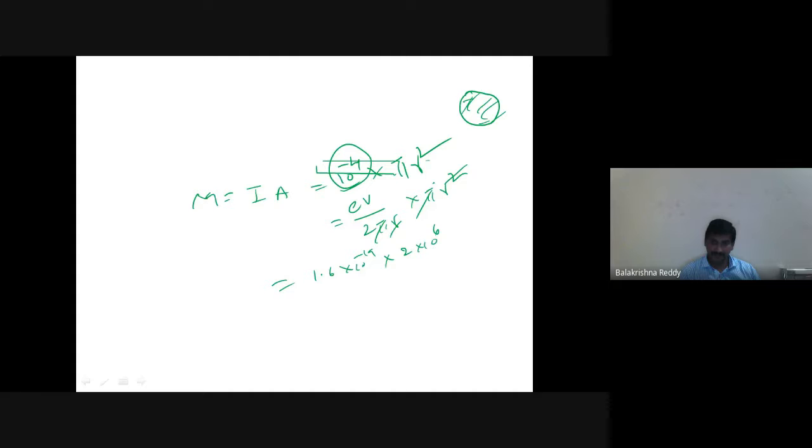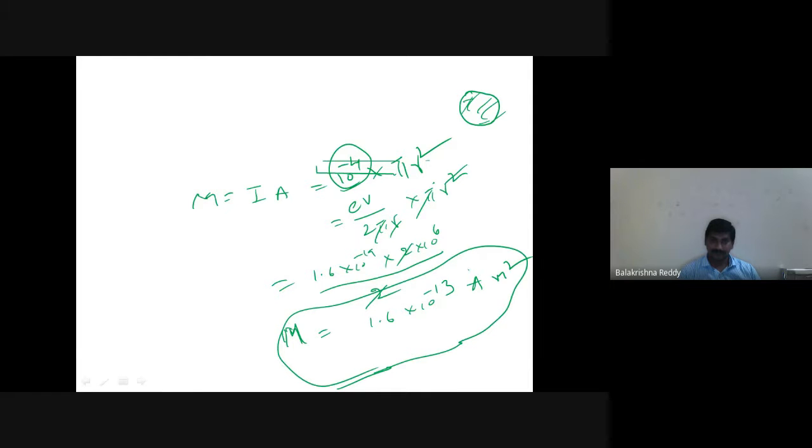Then the magnetic moment equals 1.6 into 10 to the power minus 13 ampere meter square, which is I into A. This is one important concept which we get as a numerical.